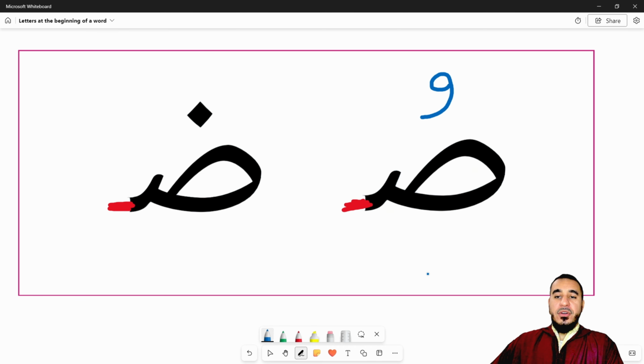And the dad, if I put a fatha above it, it would make the da sound. So it's exactly the same as when the letter is by itself, nothing changes in terms of its sound. It's just the appearance of the letter that is different. The sounds that it would make and how they would change depending on the harakat is exactly the same.